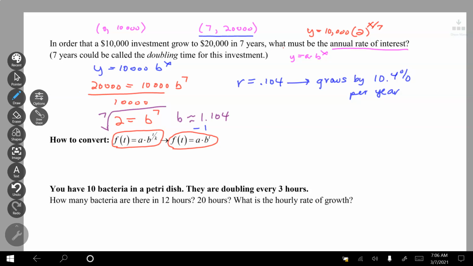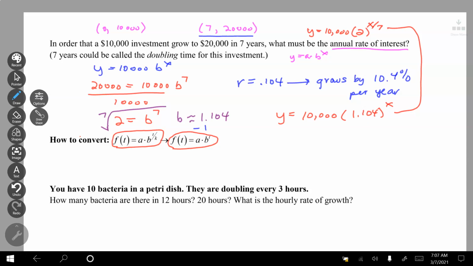It takes 7 years to double in value. Well, this new equation would be y equals 10,000 times 1.104 to the x. These two are the same equation. One is in the special form. It says double every 7 years, and this one says grow by 10.4% per year. You get the same result.